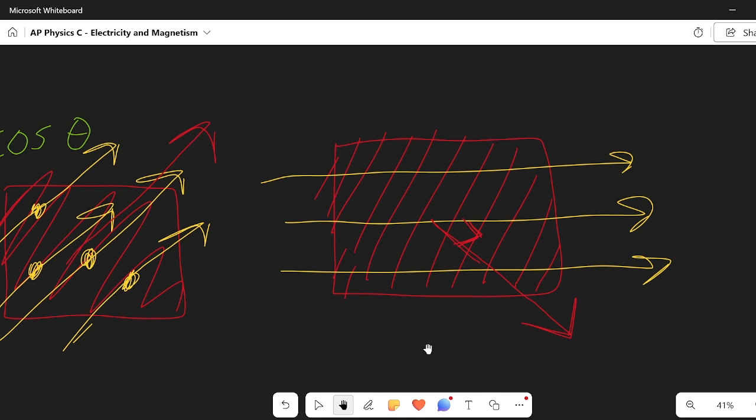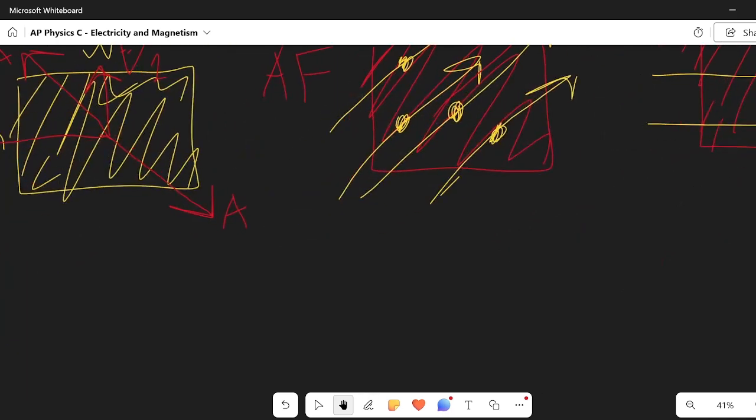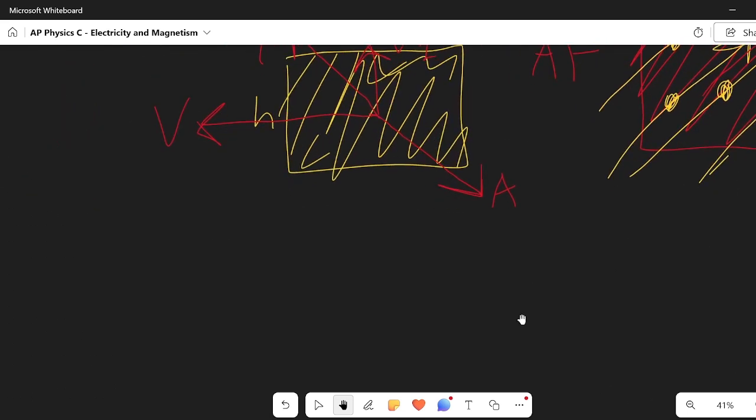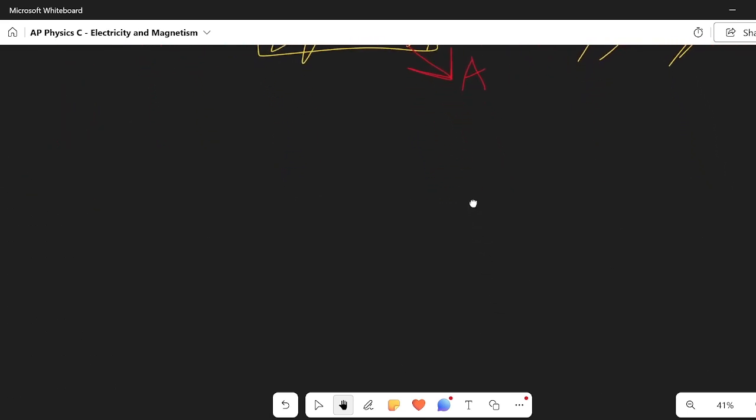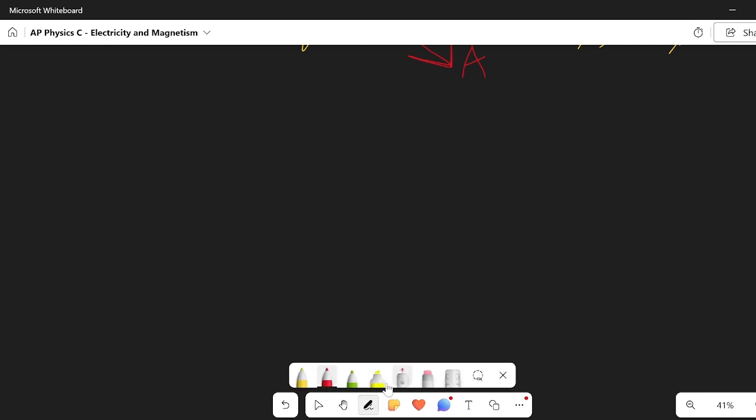Another important thing to understand, at least for understanding flux better, is to take a look at something like a sphere.